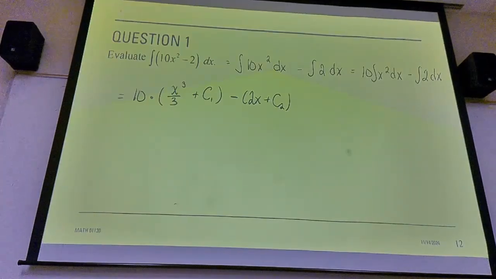Let's simplify this. What's 10 times a constant?